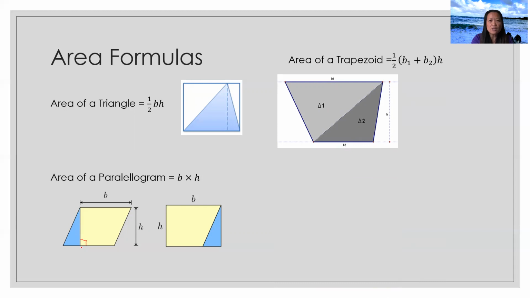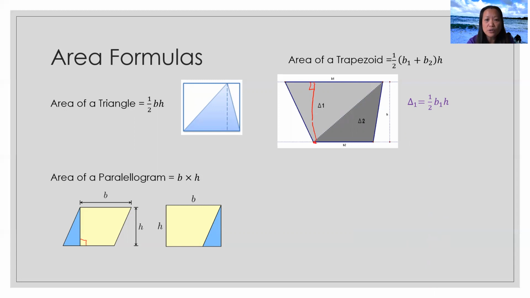And if I look at triangle 1, my height goes from here to here, and that's H in the picture. So the area of triangle 1 is 1/2 base 1 multiplied by H, the height.